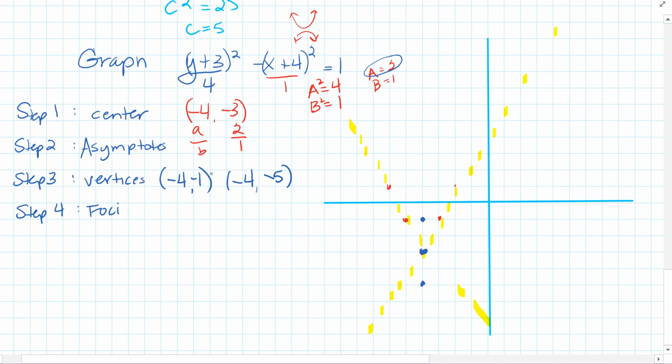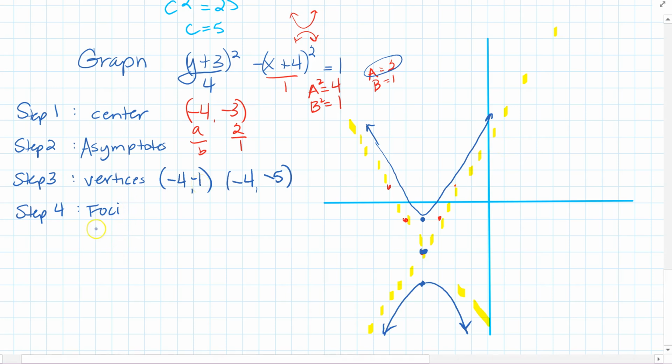All right, and now I like to draw my hyperbolas because I know they're going to hug the asymptotes. All right, so now all I have to find is my foci.